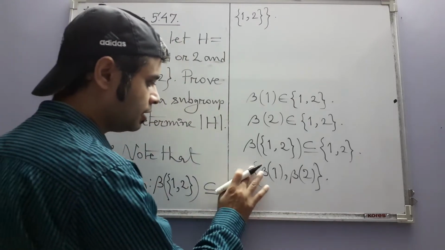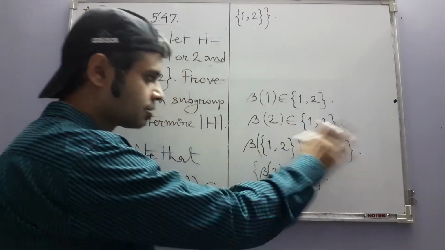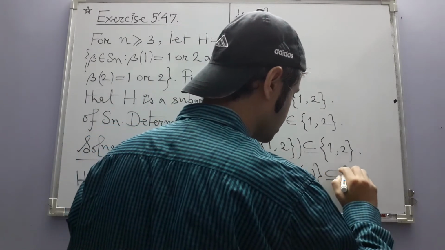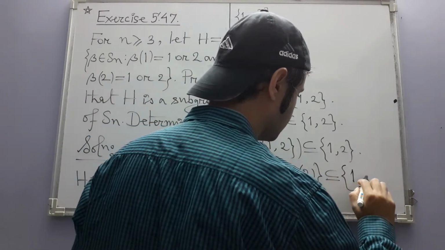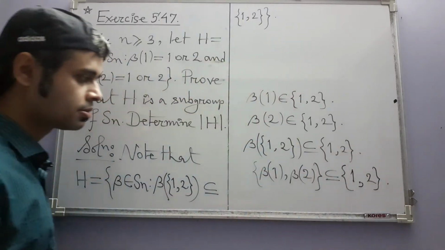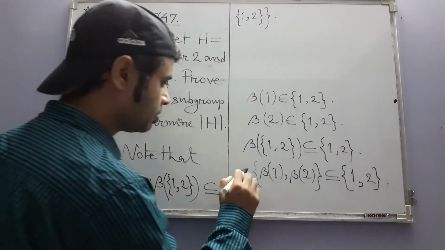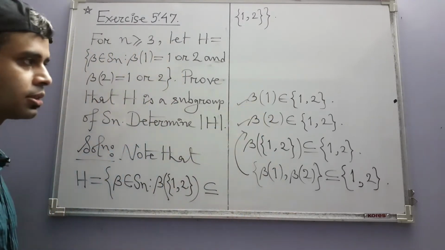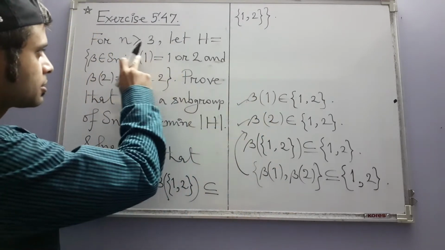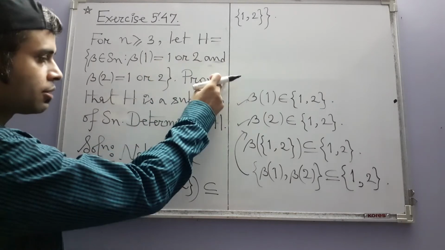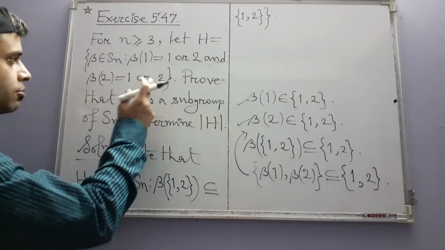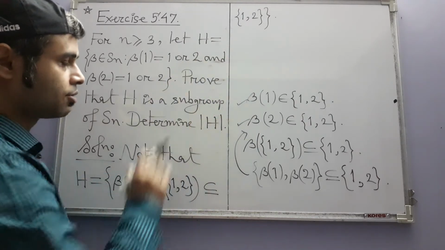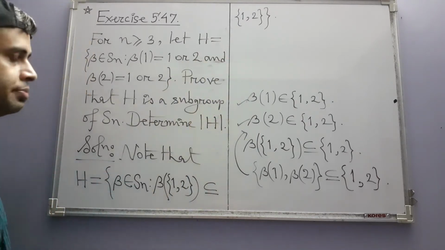Because if we are starting from this containment, then that means this set is contained in this, which then implies that these two conditions are true, and that is just the same as saying that beta of 1 is 1 or 2, and also beta of 2 is 1 or 2. So it's justified that we have written H equal to this.